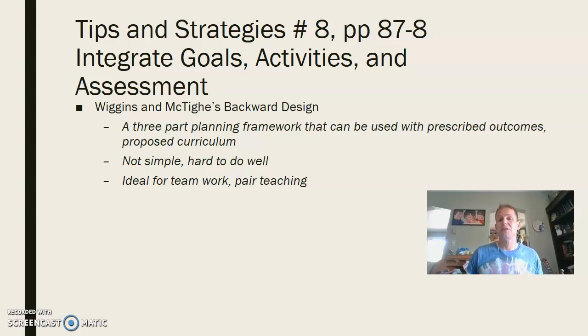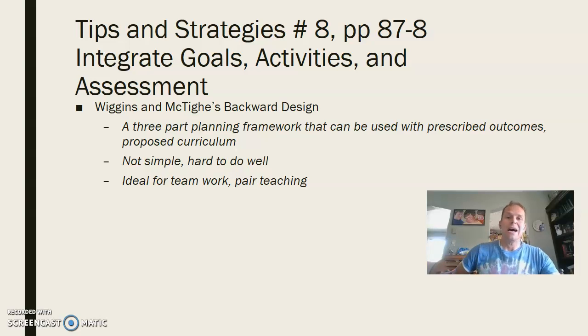And in particular, I'm going to be looking closely at Wiggins and McTighe's backward design, a framing model, planning model for planning out a unit, for planning out a lesson, that can be used with prescribed outcomes or proposed curriculum, depending on where you're at.